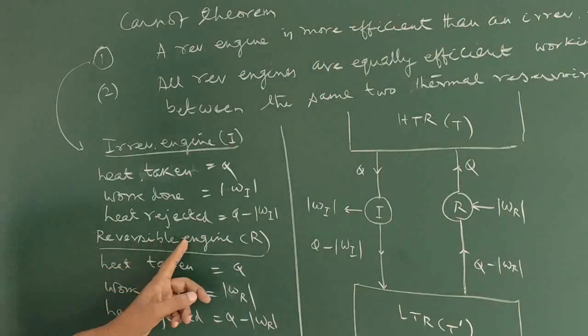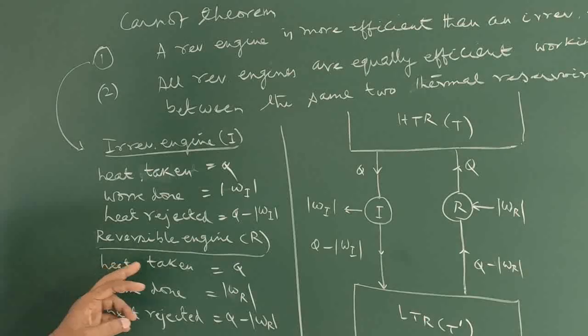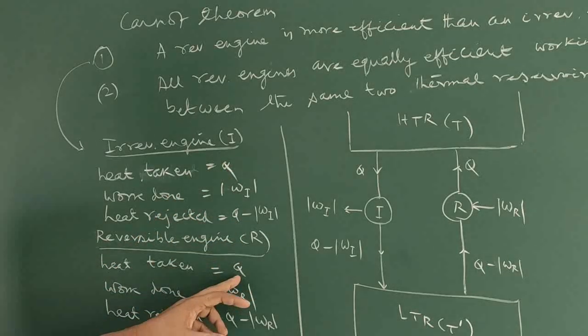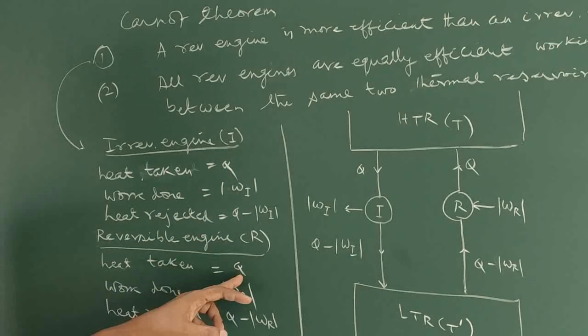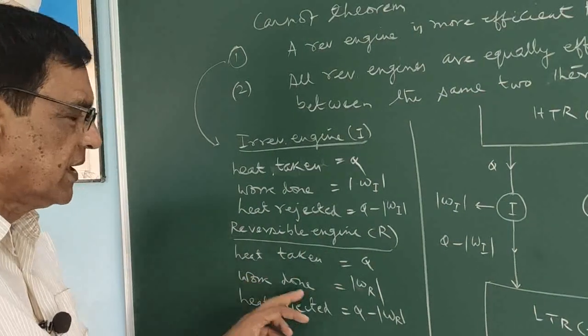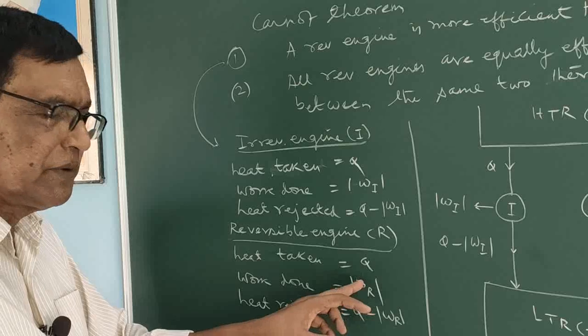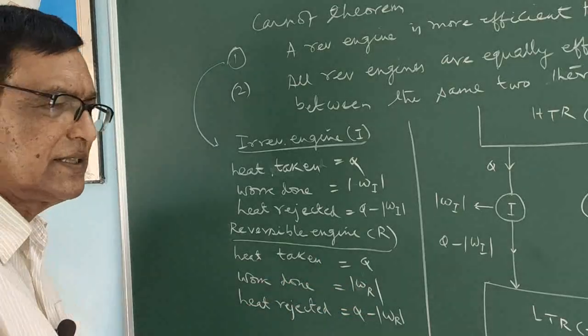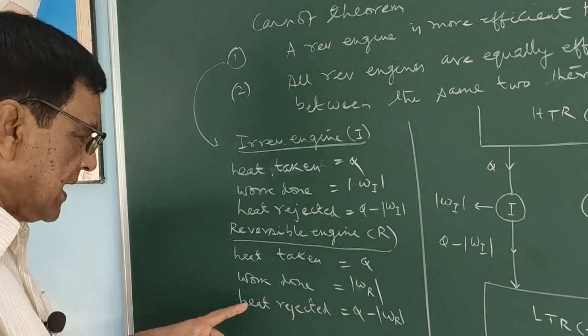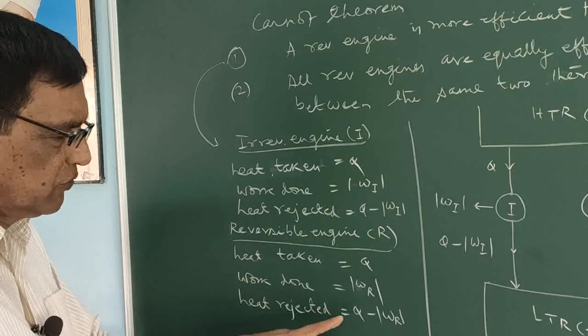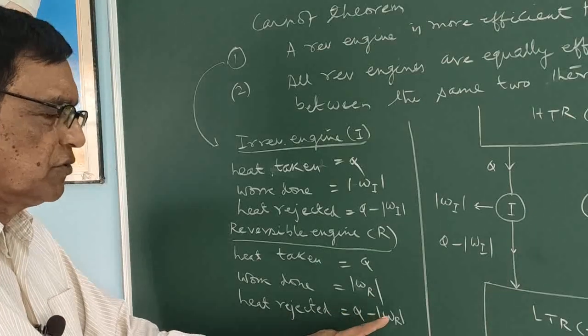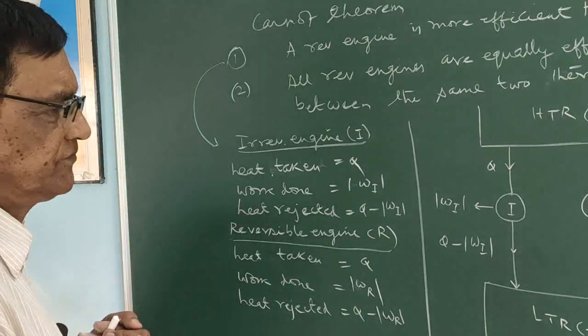And for the reversible engine R, the heat taken is Q, the same amount of heat given to this engine. The work done is modulus of WR, the magnitude, not the sign. And the heat rejected is equal to Q minus modulus of WR.